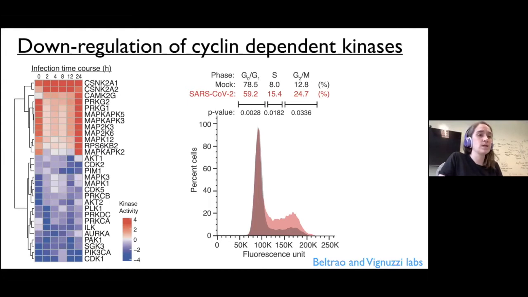So we performed a cell cycle assay, and indeed what we find is that upon SARS-CoV-2 infection, which is the red distribution here, we see an increase in cells at either S or G2M phase. So this looks like SARS-CoV-2 infection is inhibiting cell cycle progression.